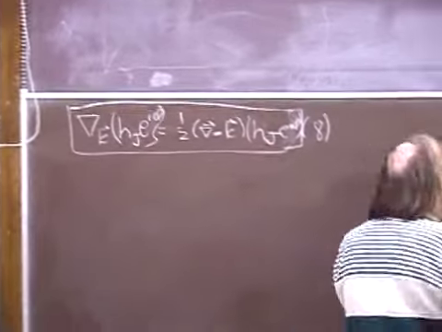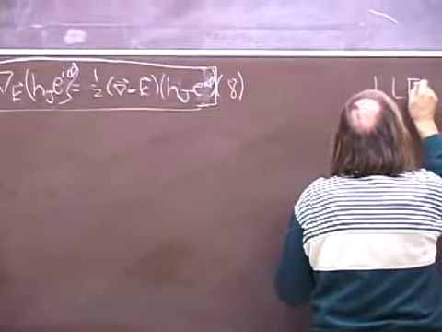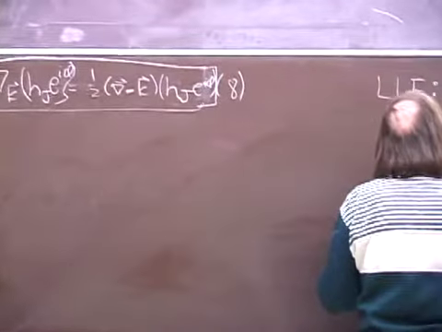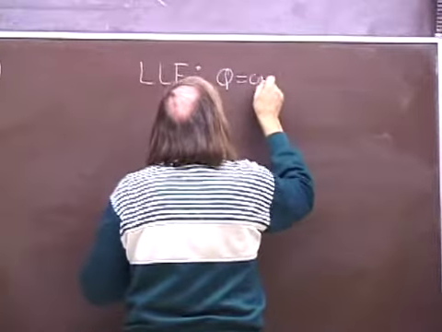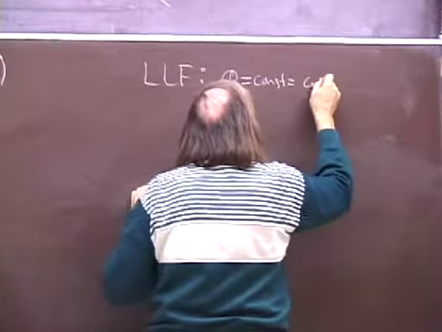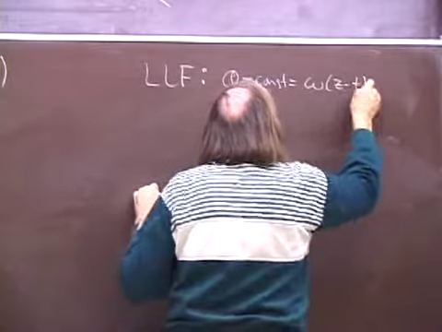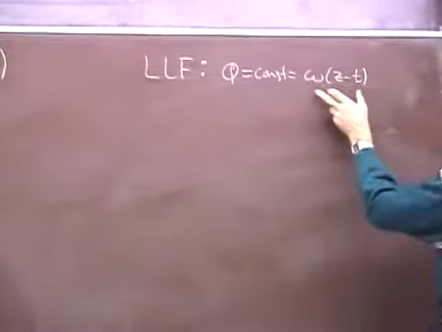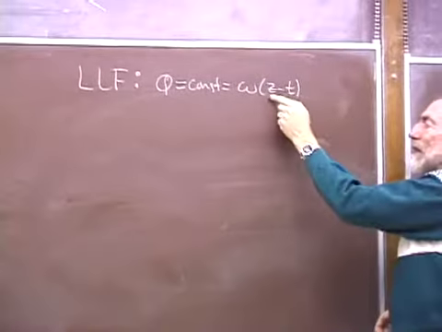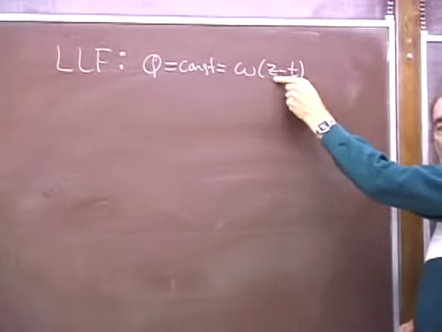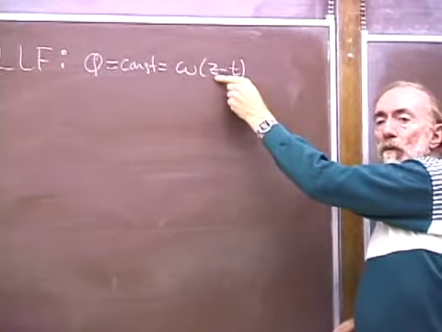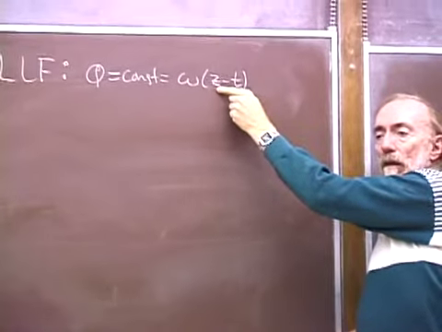Just remember, in a local Lorentz frame, a surface of constant phase is a surface of constant omega times z minus t. But because it's z minus t, that's something that is constant moving with the wave. So the phase is really constant moving with the wave.